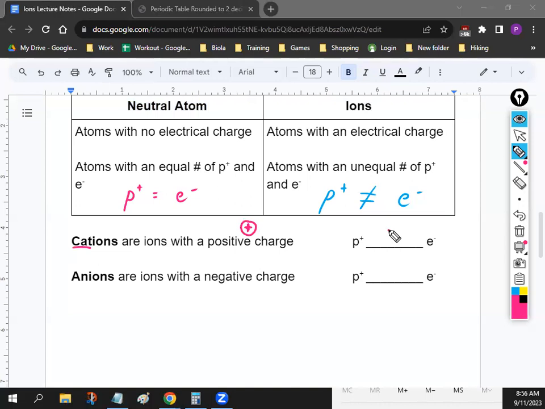In that situation, you're going to have more protons than you do electrons. So if you've got more protons than electrons, it's going to be positive, and we call that a cation.